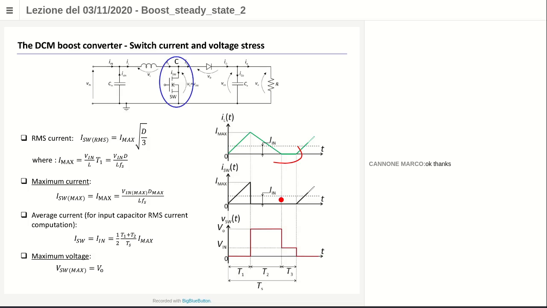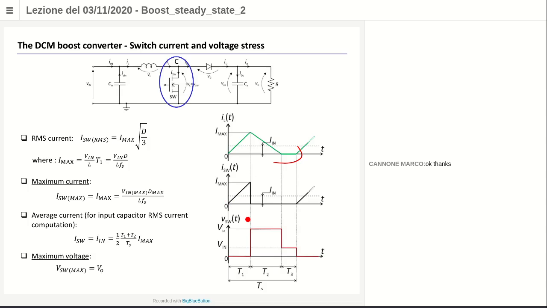Root mean square value is important for the MOSFET for the computation of the conduction losses. The root mean square value of this triangular wave is simply computed in the way I explained for the buck. Remember, I have to square it, and then when I square it, I get a parabolic triangle.